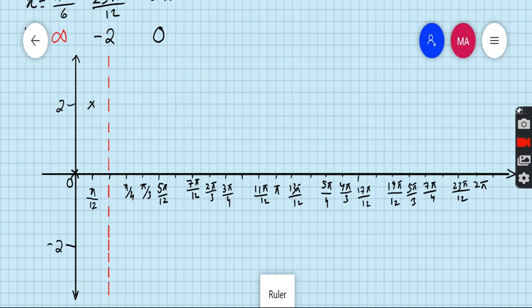I didn't mention pi by 6 earlier, so now I am writing pi by 6 over here. Okay. Now join these 2 points.